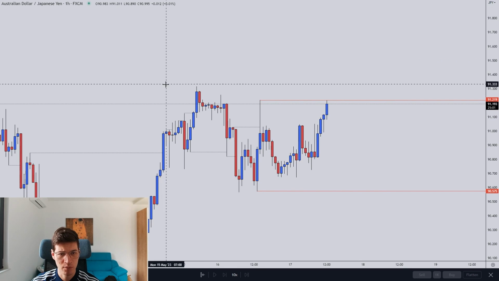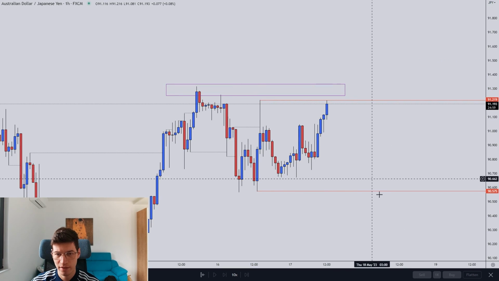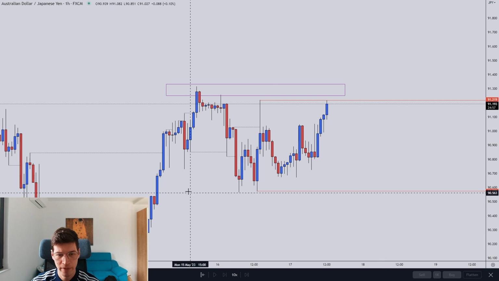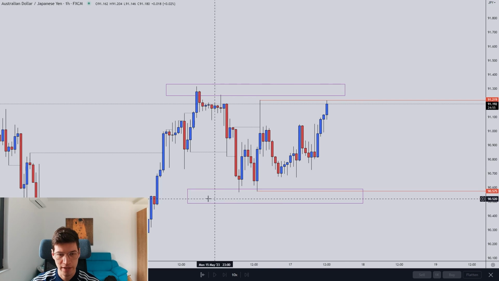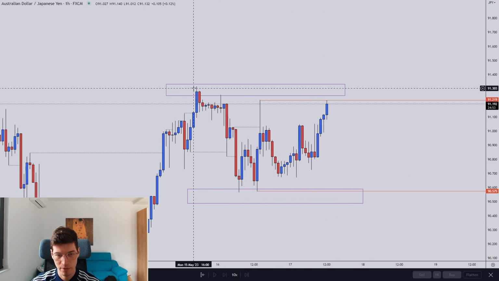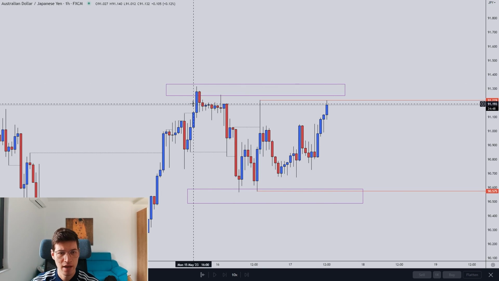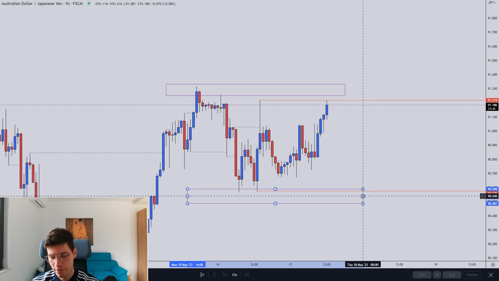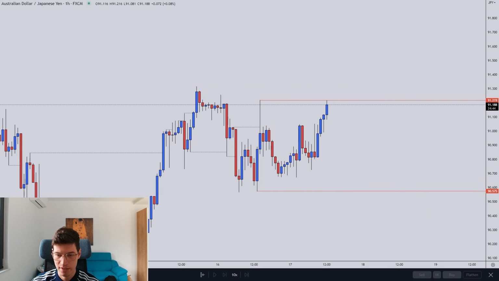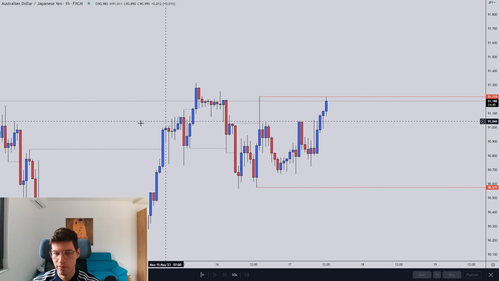I'm also seeing how the price will react in these areas right here, because these are the areas of liquidity. This is where the range-bound traders have their stop losses, and we need to be really careful how the price breaks into these areas. I'm looking for a nice, big, strong break, so I'm just being more patient with this one as well.